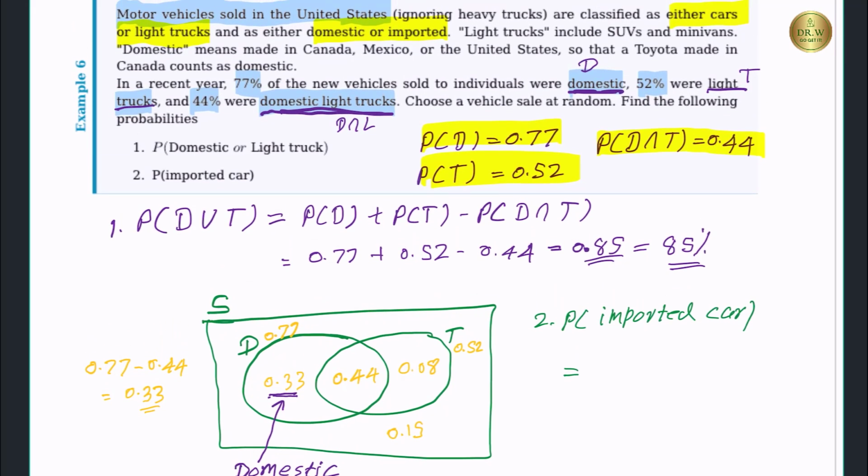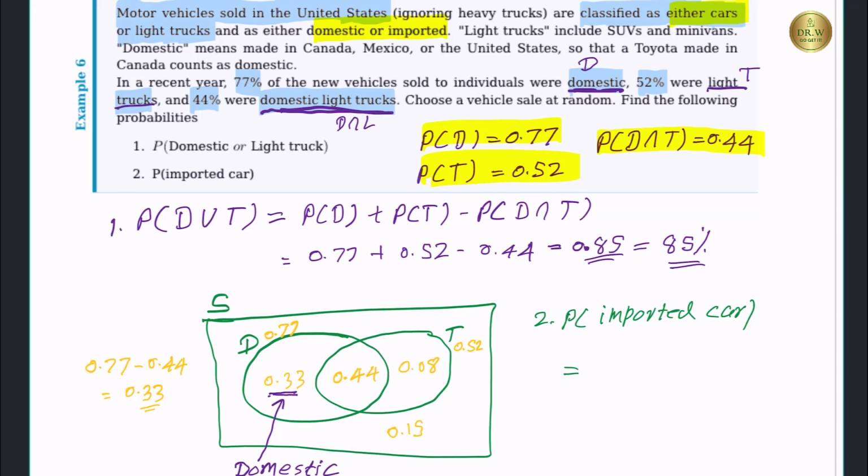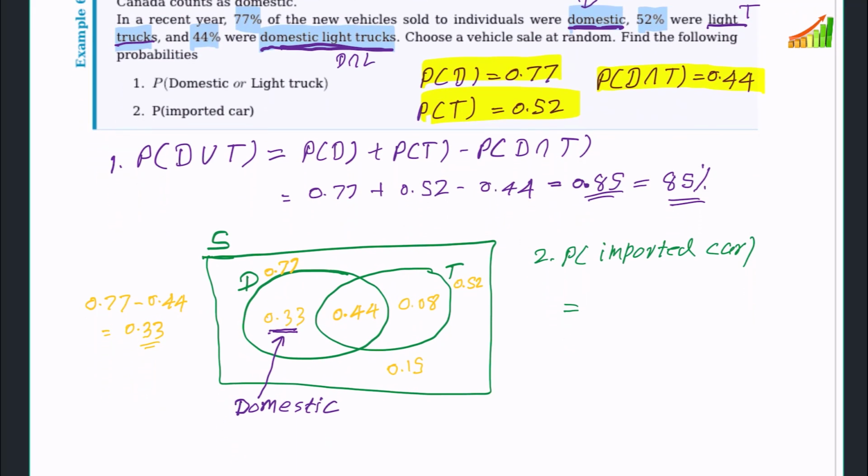We here represent T, it means out of the T circle, that means out of the light truck, right? According to the problem, it is classified as either cars or light trucks. Then the circle T represents the light truck. Then out of the circle T, what does it represent? Cars, right?